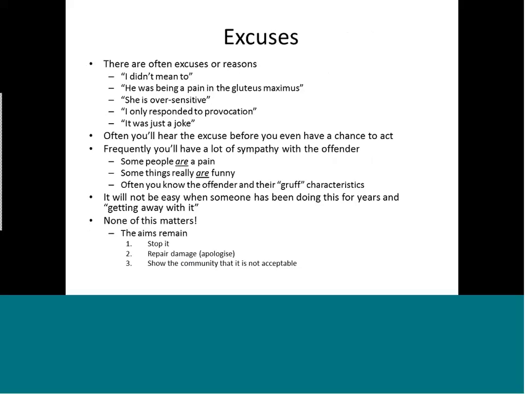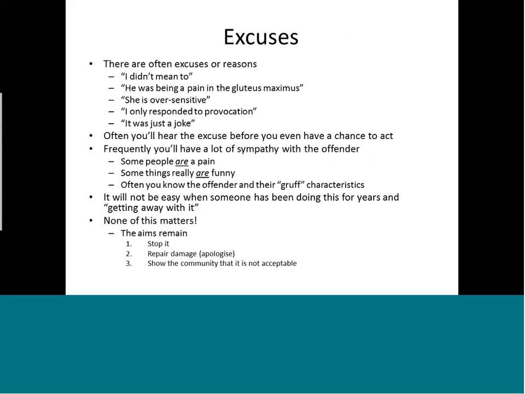So I think the first line of defense you get from your anguished 2-year-old is some form of excuse. Something like, I didn't mean to be rude, or he was being a pain and deserved it, or I wasn't being rude, she's just being oversensitive, I was provoked, it was only a joke. There will be an infinite number of excuses.